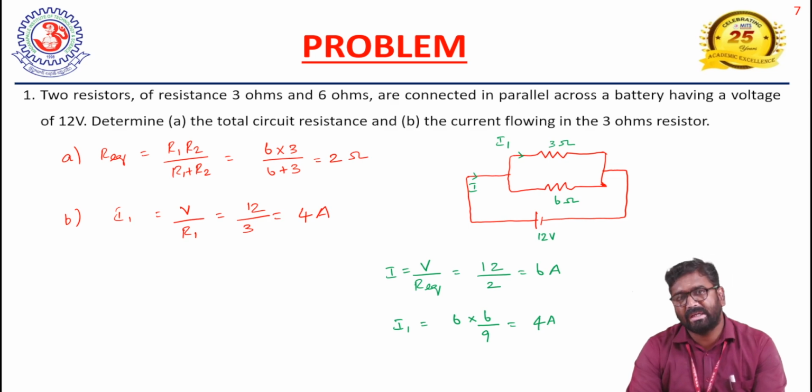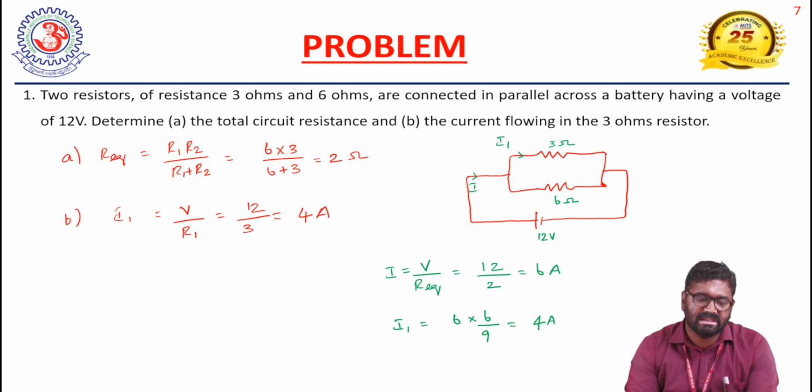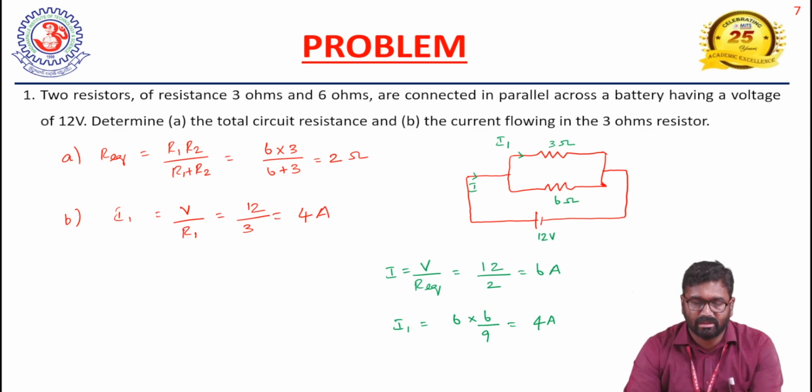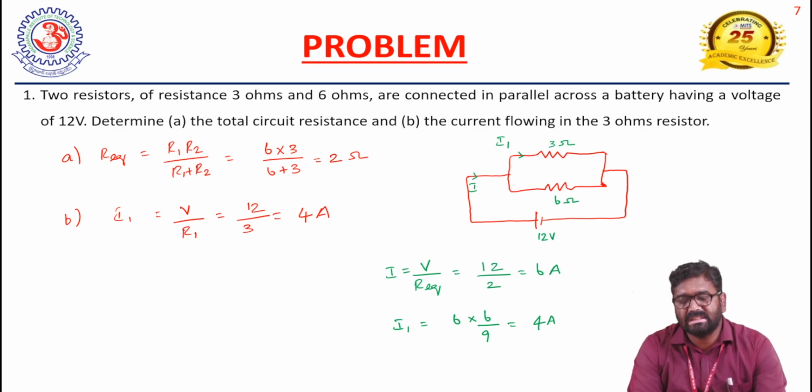So in a parallel circuit, the current I equals I1 plus I2 plus I3. That is the form, right? Here you can also go by the current division rule that we saw previously. Before that, we have to know the current value I equal to V by R equivalent. V is given in the question itself, 12 volt divided by R equivalent, which is 2. After simplifying, you will get the current value of 6 ampere.